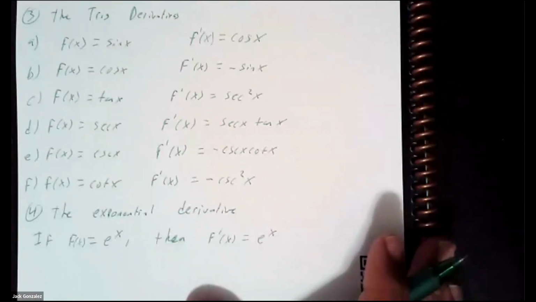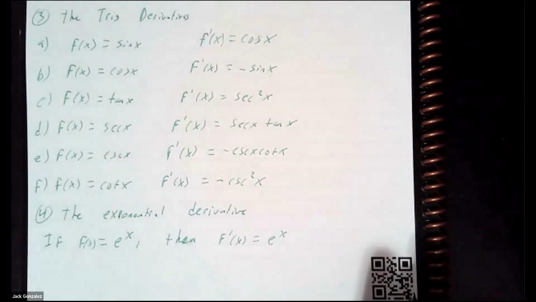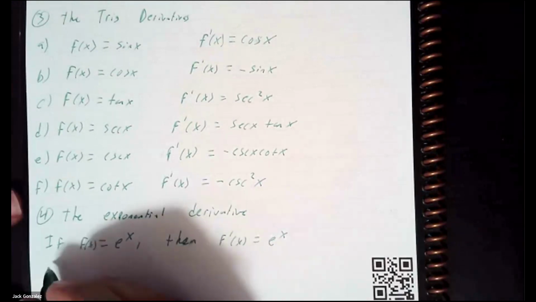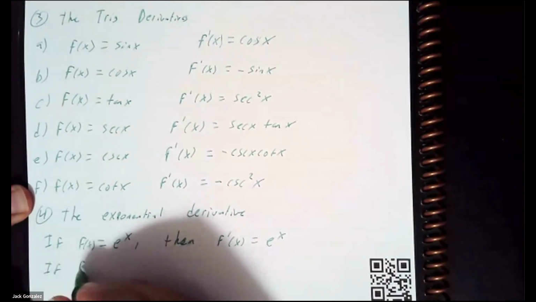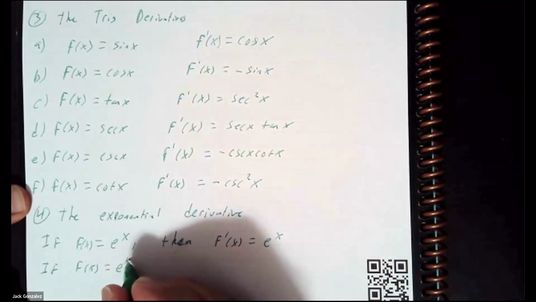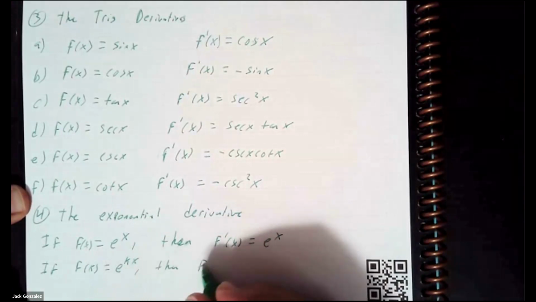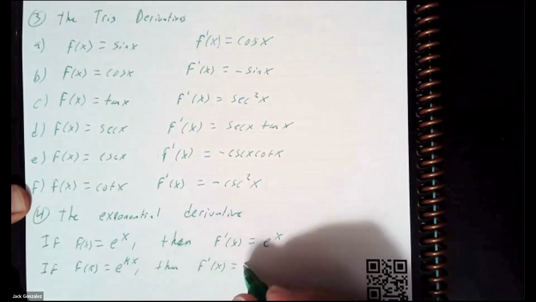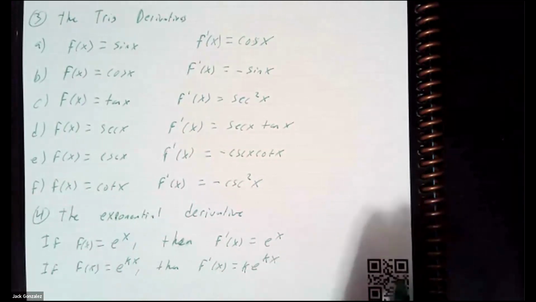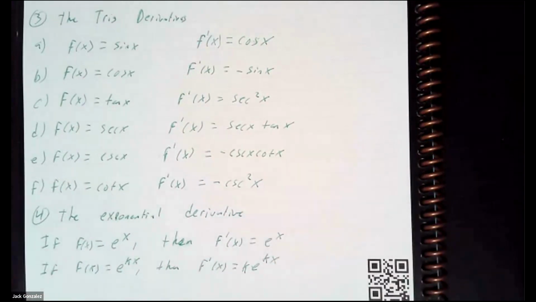E to the x is the only one that doesn't change when you do a derivative. Although, if there's a number up there, let's call it k, then the derivative would be k times e to the kx. And that's because of the chain rule, but we'll get into that way later, in a few sections.